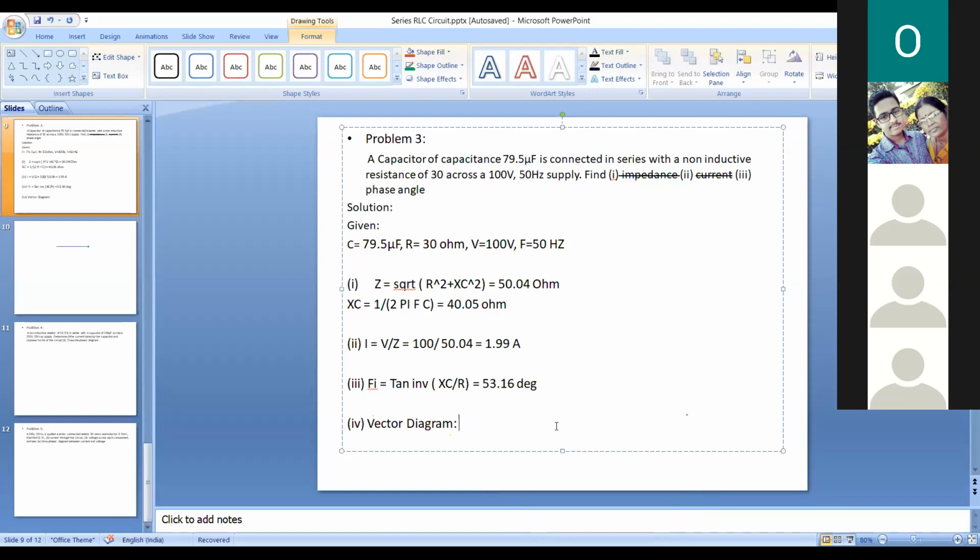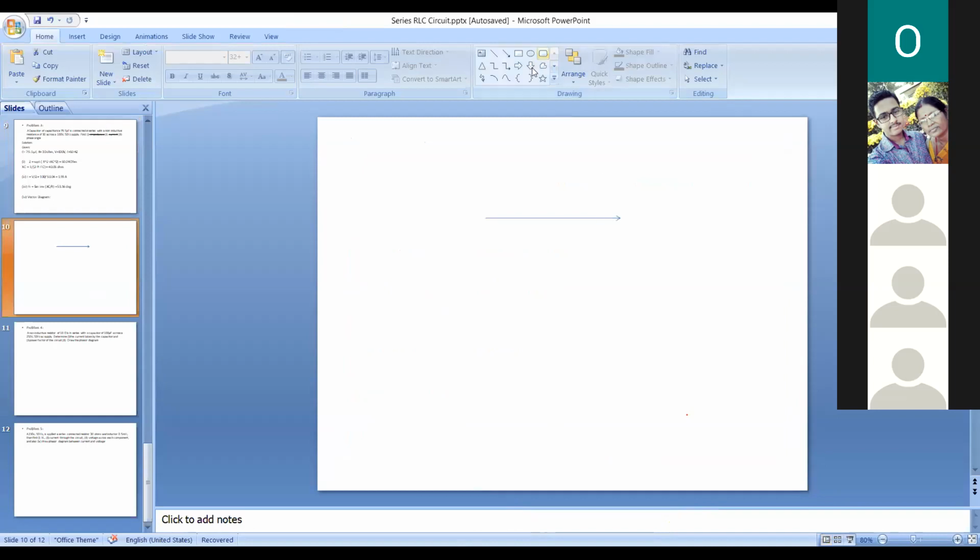XC will be the same, 53.16. So I is equal to 1.99 ampere. And VR.